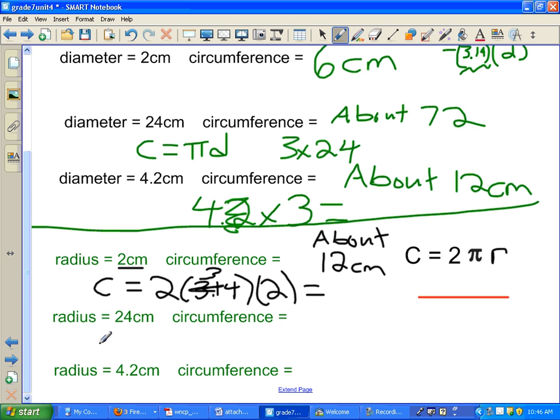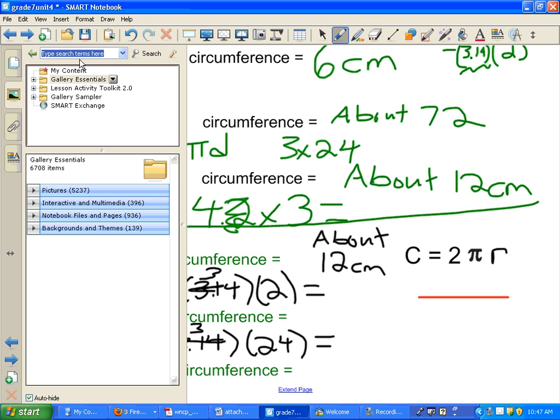For this one here, our radius is 24. So we're going to put it into the formula. 2 times pi, which we're going to round off to 3 in a minute, times the radius, 24. So 2 times 3, because we're going to round it off to 3. 2 times 3 is 6, and 6 times 24 we'll need to work out.